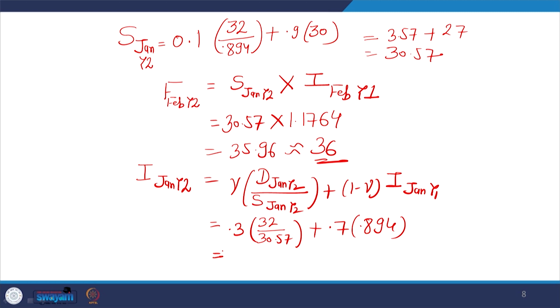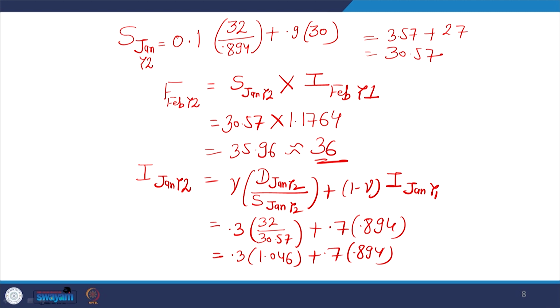So, this becomes 32 divided by 30.57, which is 1.046, times 0.3, plus 0.7 into 0.894.